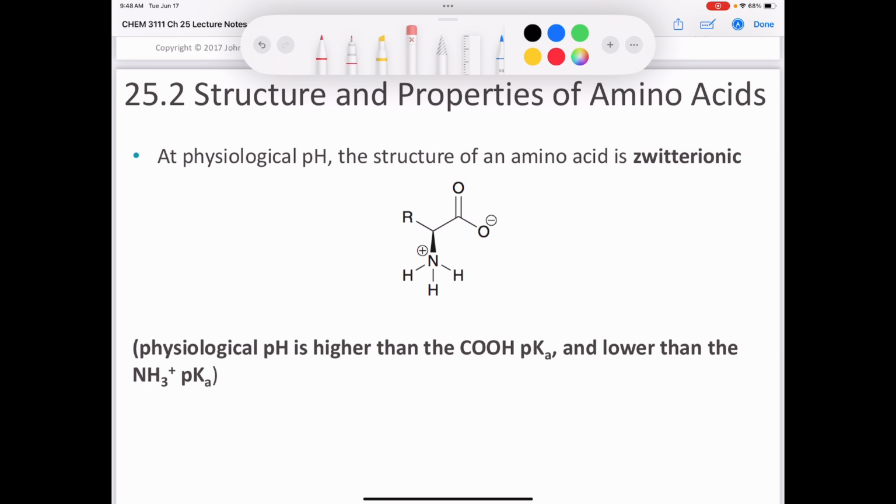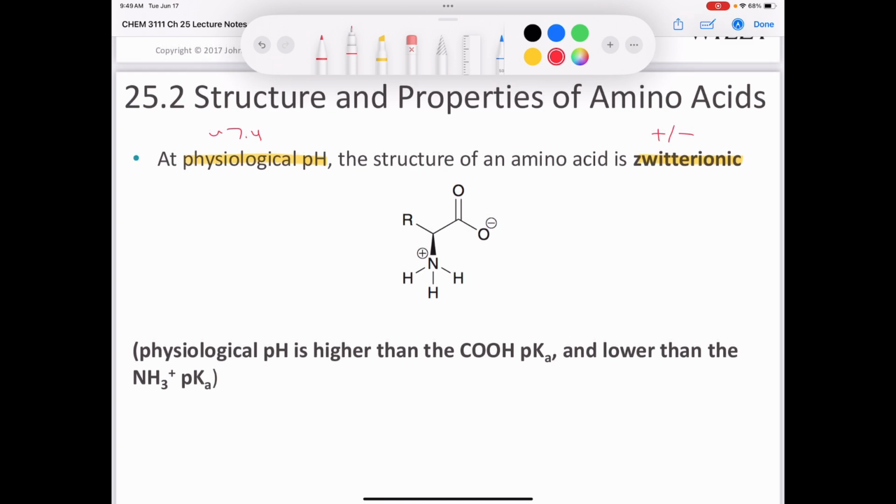And so if you're wondering what's the point of all that, the summary is this. At physiological pH, which again is around 7.4, amino acids are going to be zwitterionic, meaning the carboxyl group is going to be deprotonated, so you're going to have a carboxylate, and the ammonium group is going to have that positive charge. So we have a zwitterion. Zwitterion means we have both a positive and a negative charge existing in the same molecule.